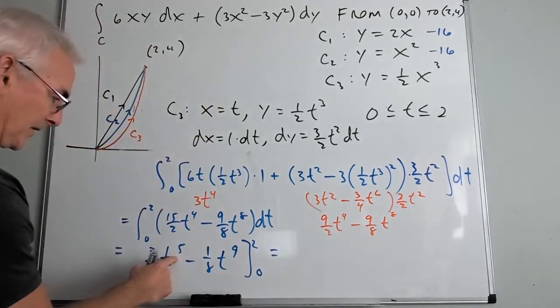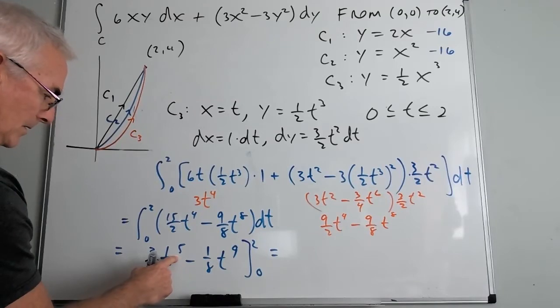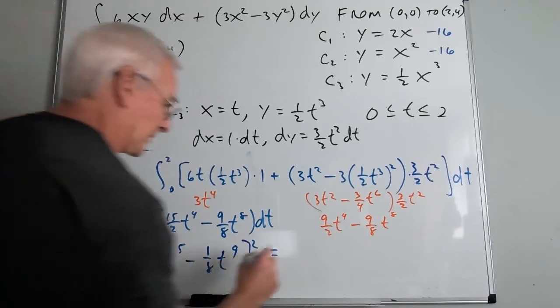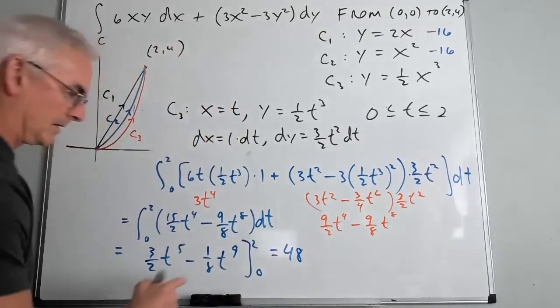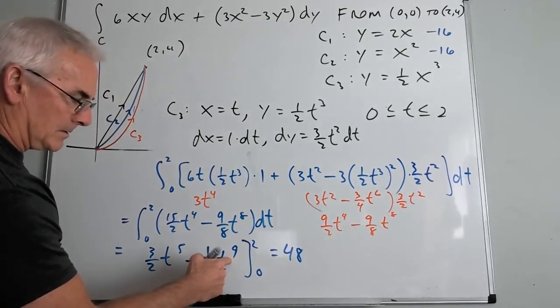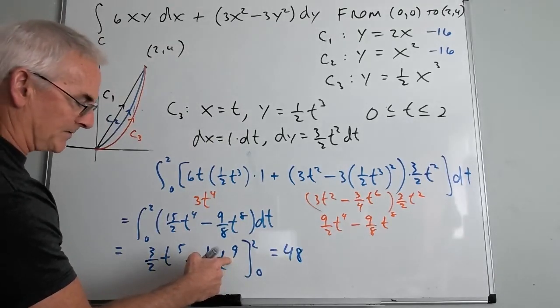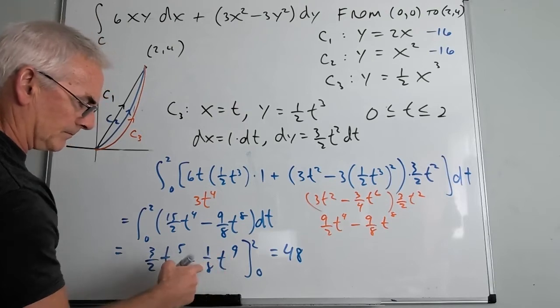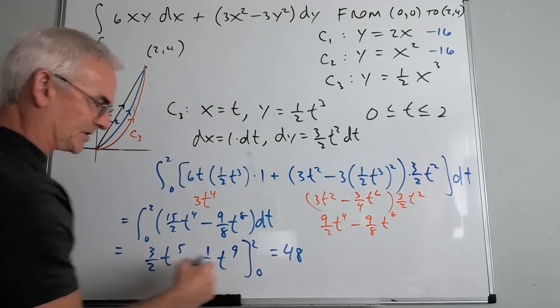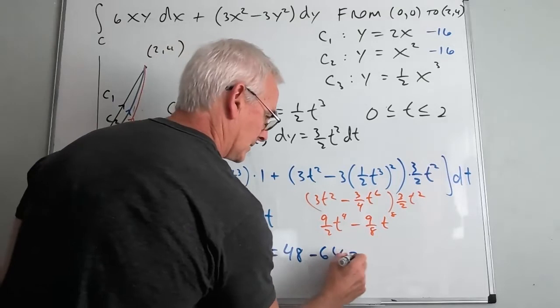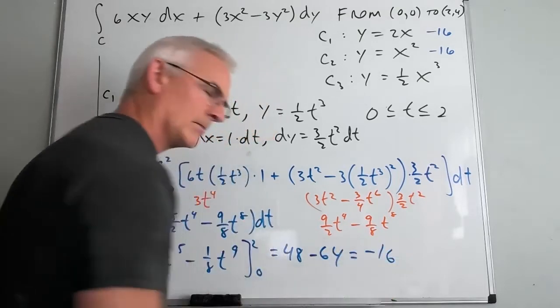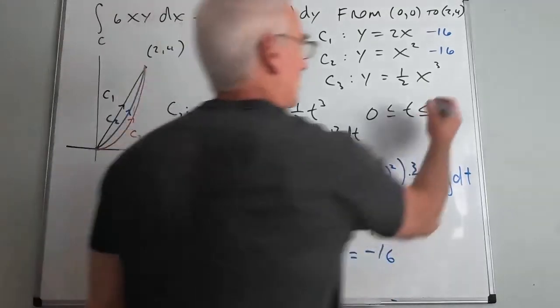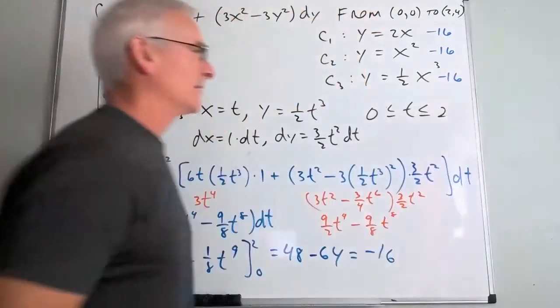So t to the 5th, that's 32. 16 times 3, so it'd be 48. 2 to the 9th, that'd be 512. But I'm dividing it by 8, so that's just 64. And we got the same thing. Huh.